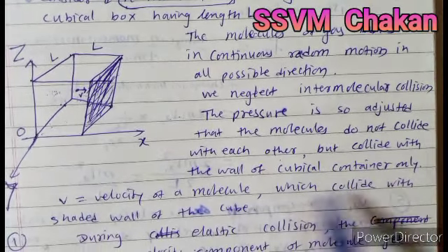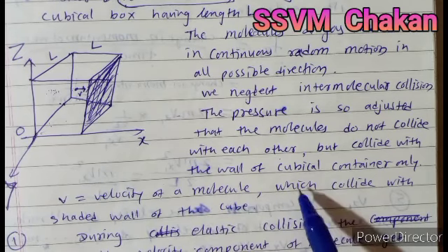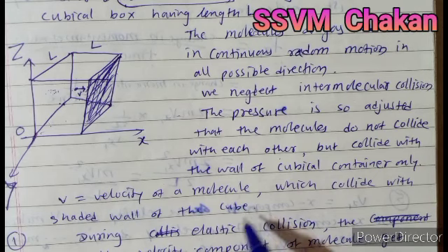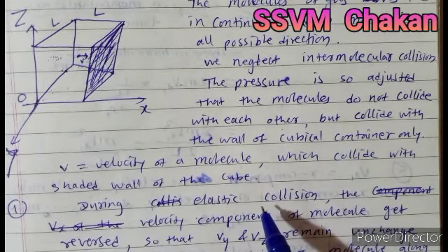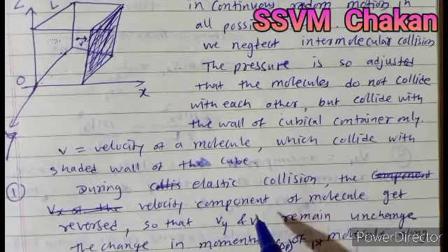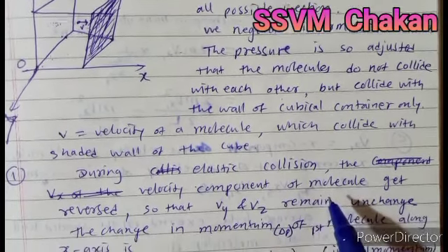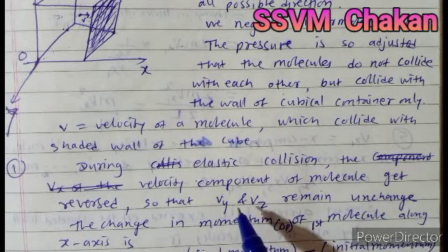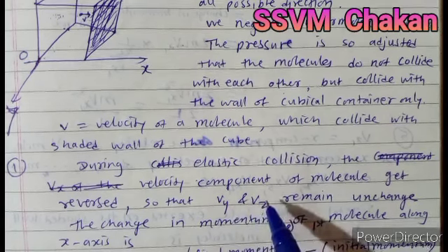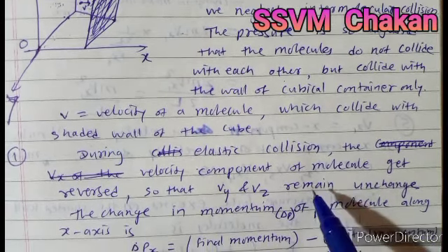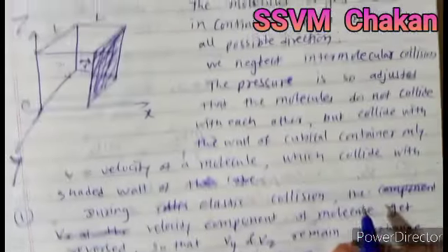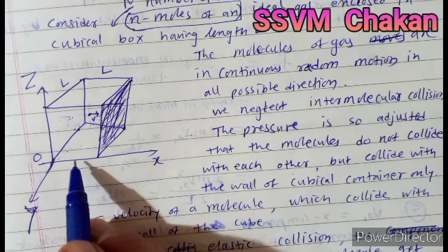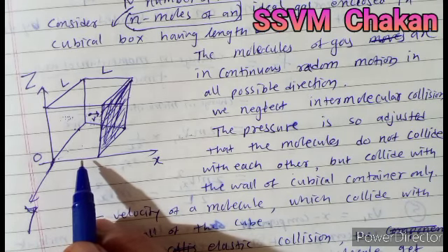Let v be the velocity of a molecule which collides with the shaded wall of the cube. During the elastic collision, the velocity component of the molecule gets reversed, so that vy, the velocity along the y-axis, and the velocity along the z-axis remain constant, and only the velocity along the x-axis changes, though its magnitude we consider constant.